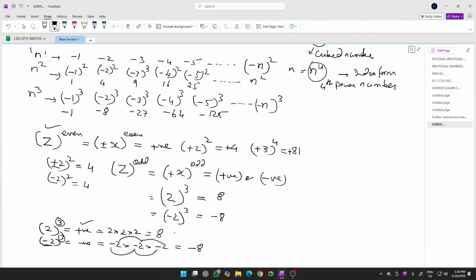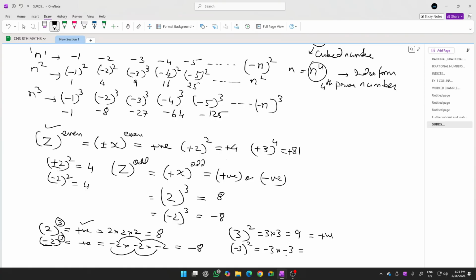Okay. So now suppose you take 3, and if you take the power as even, suppose 3 square. So 3 square will be 3 into 3, which is nothing but 9. So it is positive. Now even if you take negative integer, but if the power is even, that is 2, still it will be -3 into -3.